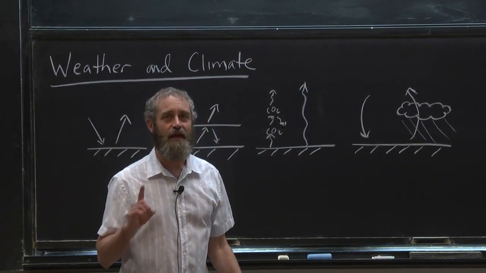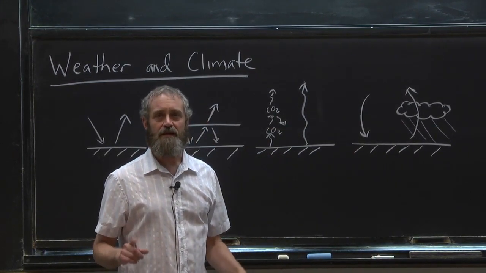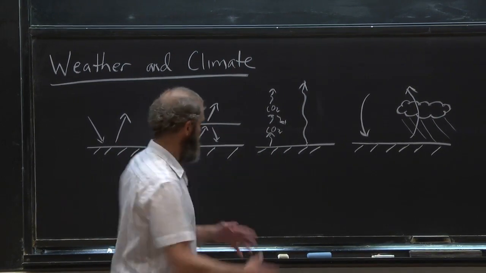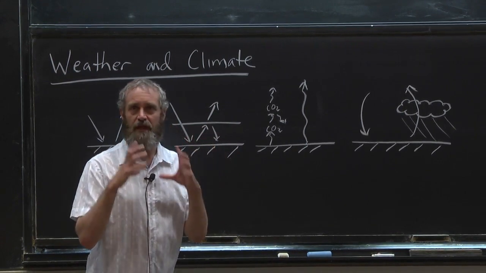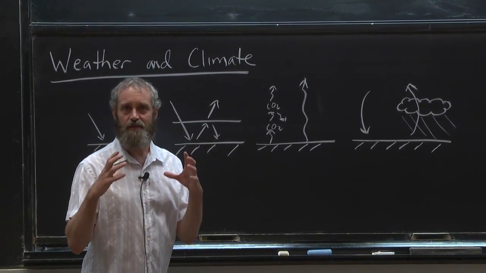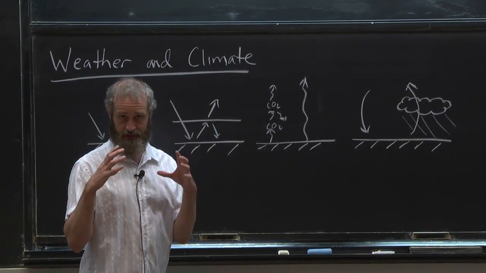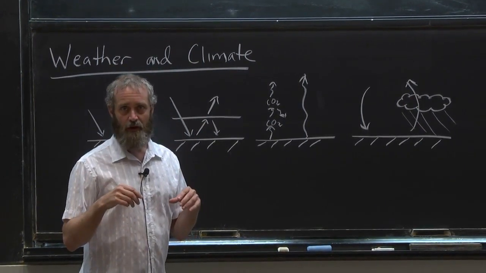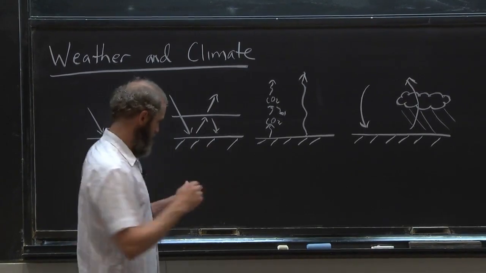But there's one more thing that the real world has that our conceptual models do not have yet. And that is that the whole world is not a single place. It's not all the same temperature, and the sunlight intensity is not always in balance with the energy going out by infrared locally.